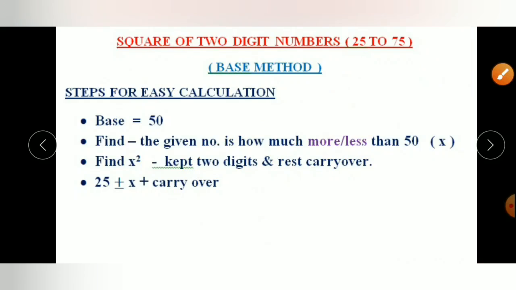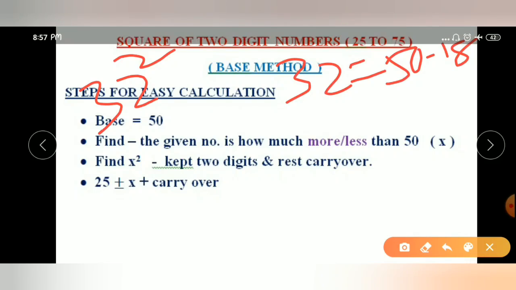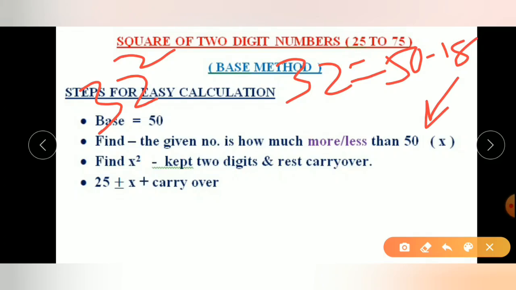Let's take one more, square of 32. We know that 32 equals 50 minus 18. So the square of 18 we have to find.